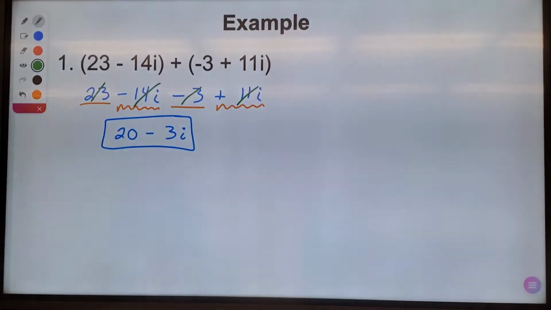And that's all you do for addition. Okay, again, the exact same thing that we did for the bell work for adding polynomials. The only difference here is that the I term must be in the back.